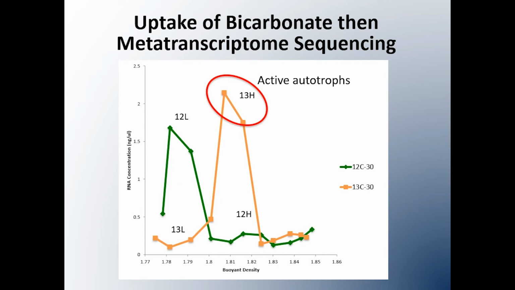And as you can see, the peak buoyant density is shifted as compared to the control in this orange line from 1.78 to around 1.81. So we then sequence the metatranscriptome of the 13C heavy fraction to identify the active autotrophs, which are those which took up the labeled 13C bicarbonate.